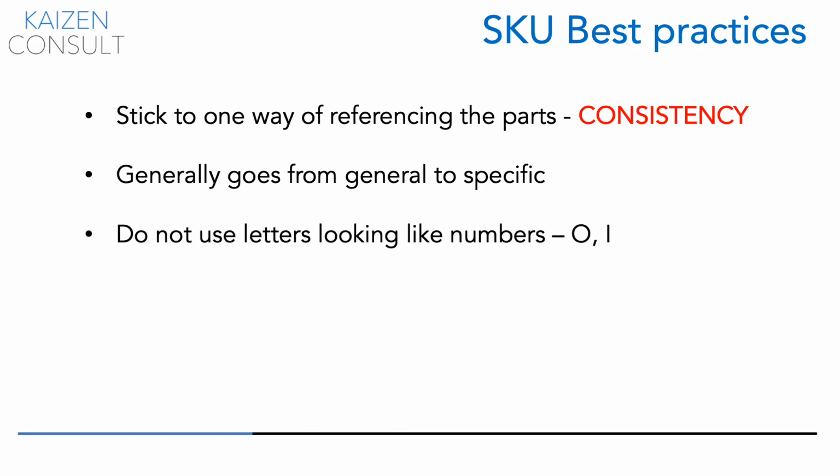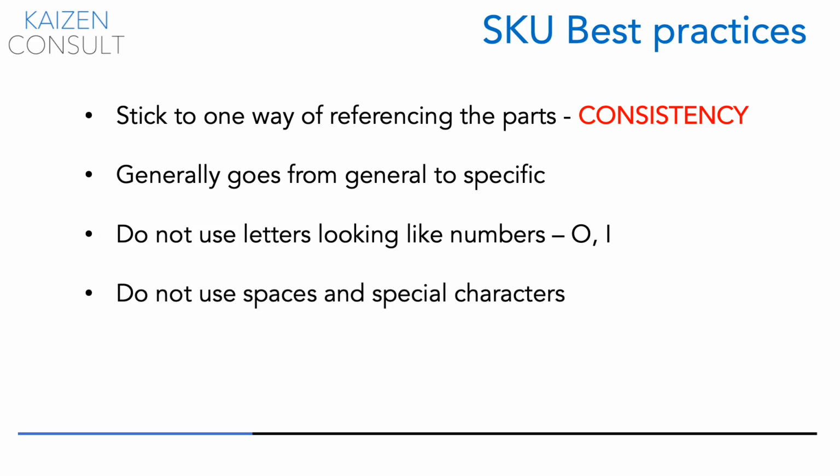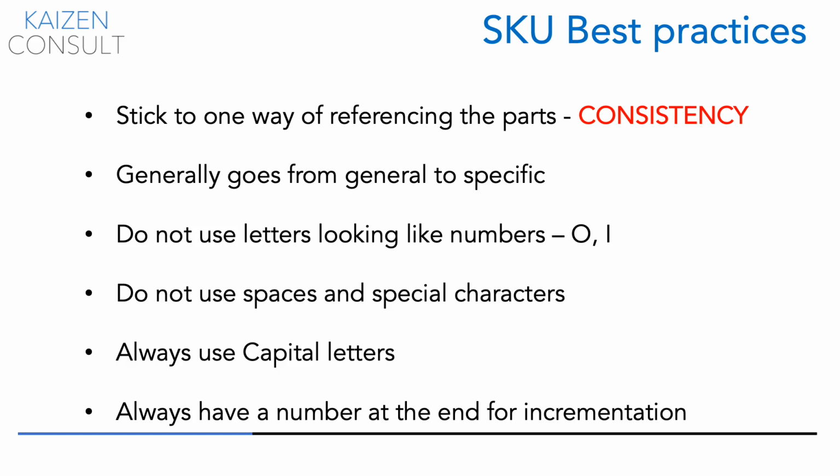Avoid using letters looking like numbers, for example, O, which looks like 0, or I, which looks like 1. Do not use spaces or special characters. Always use capital letters, as using different small letters may confuse the search of the reference in your system. And always have a number at the end for incrementation and to make sure each reference is unique.